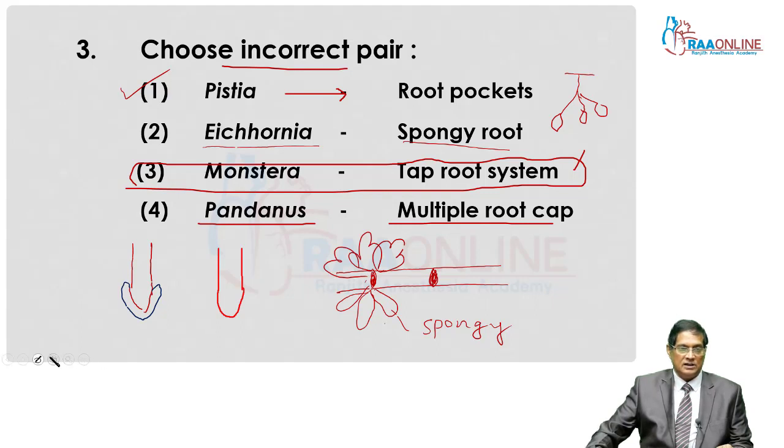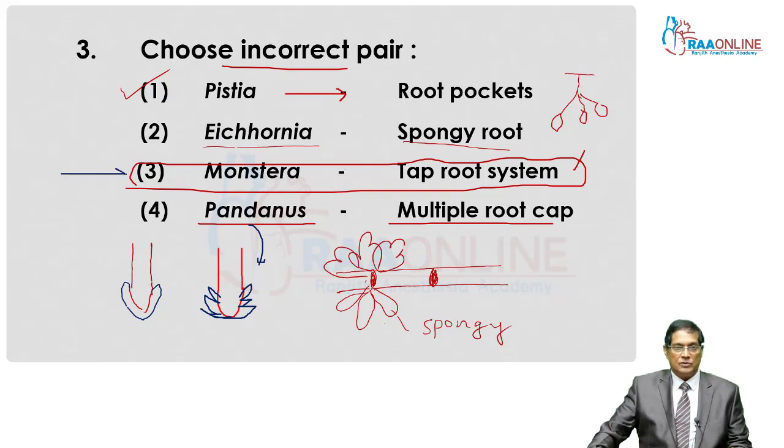And let's see the root cap in Pandanus. In Pandanus, multiple root caps are seen. So this is the example of Pandanus known for multiple root caps.